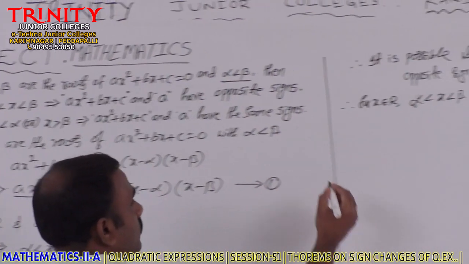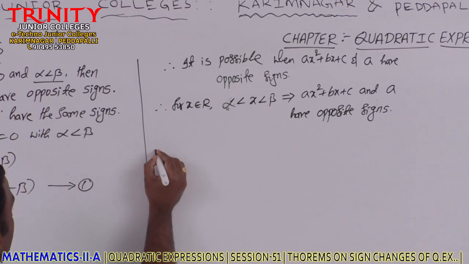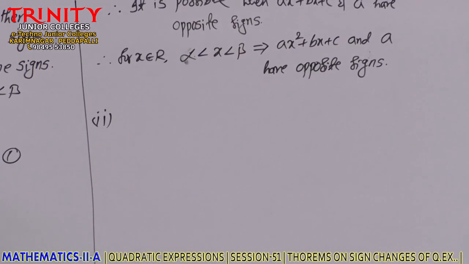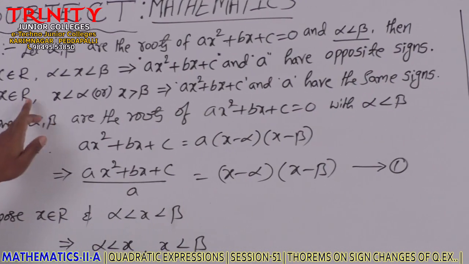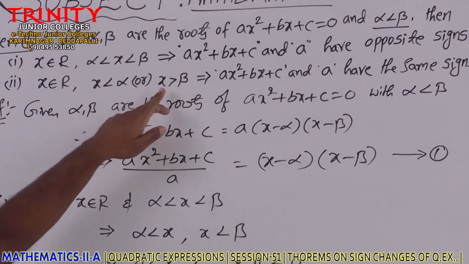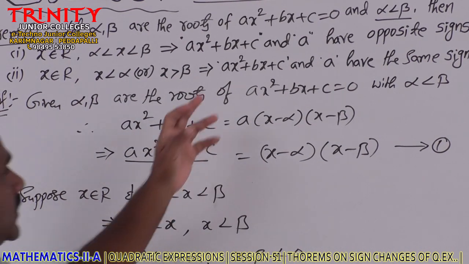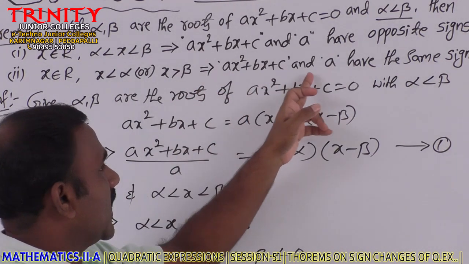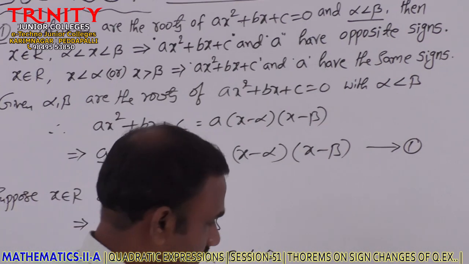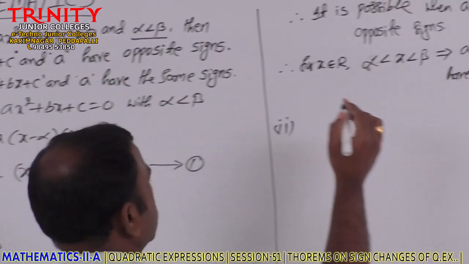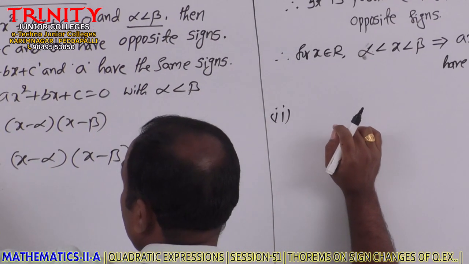Now comes the second part. Proof of this one: if x belongs to R, x less than alpha or x greater than beta, then ax square plus bx plus c and a have the same signs. Now I am going to prove this second part.